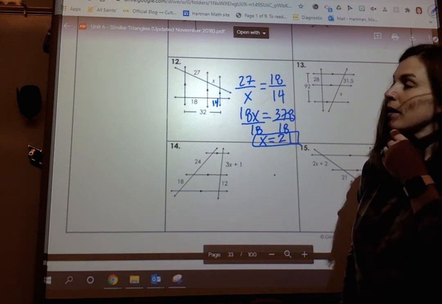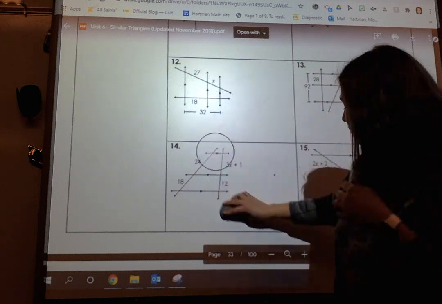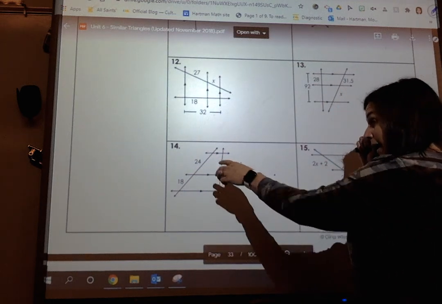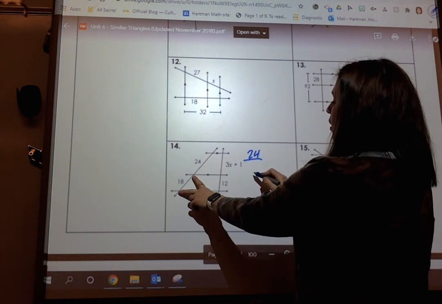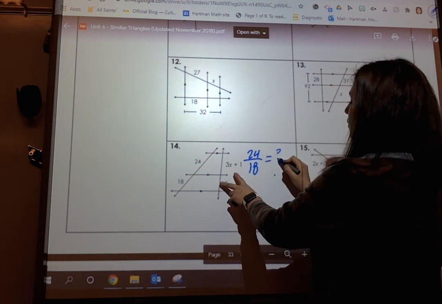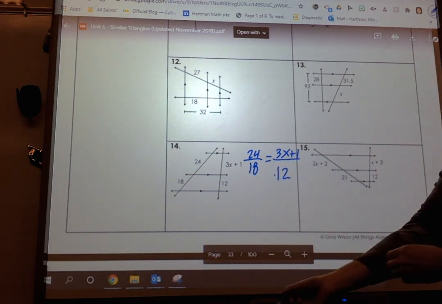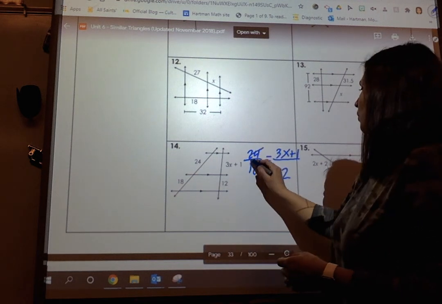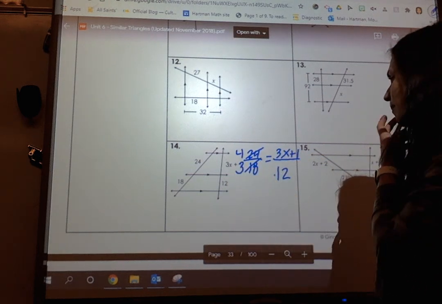Okay, all right, last one over here with the binomial. Same concept. I have these identified, so I can say 24 over 18 and set that equal to 3x plus 1 over 12, cutting it into proportional parts. I am going to reduce my fraction because it makes it easier, so 4/3.